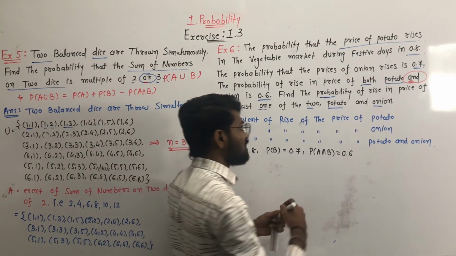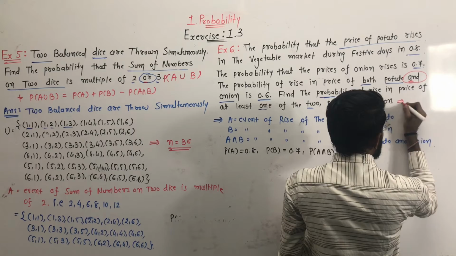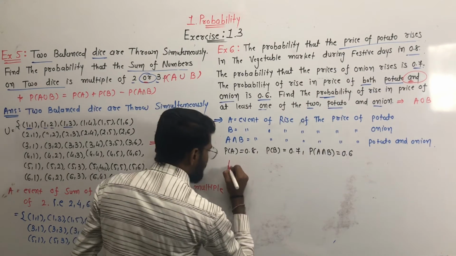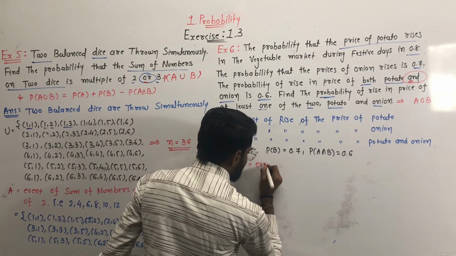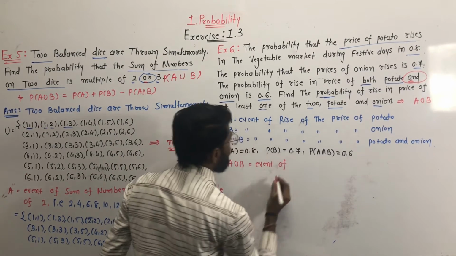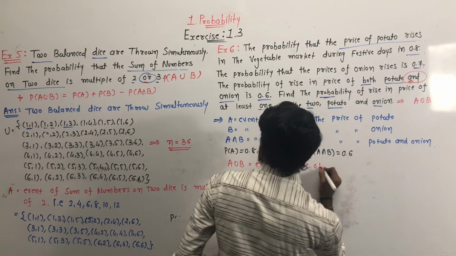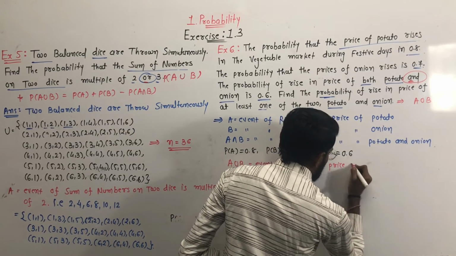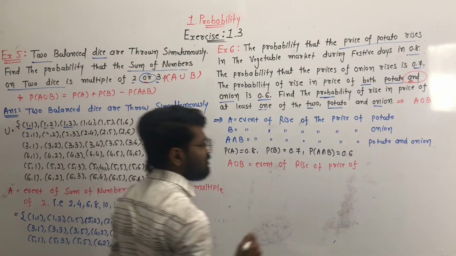Okay, so therefore this is denoted by A union B, event A union B. Yes, so the event A union B is equal to event of rise of price of at least one of the two, potatoes and onion.